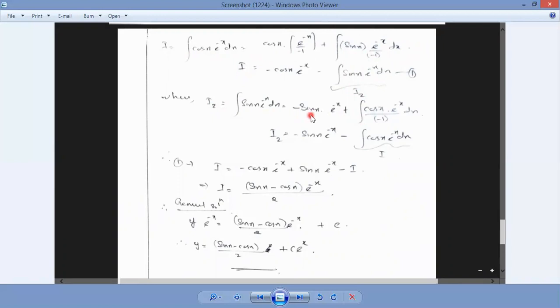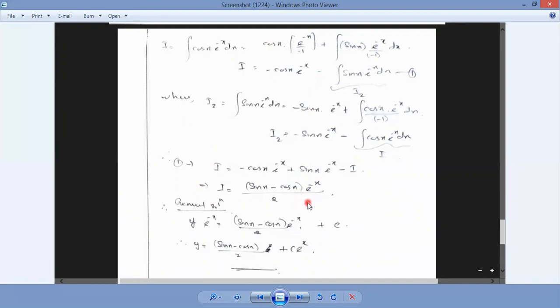Once you integrate it, you will get back the first integral, which is I again. You solve this equation, you will get 2I equal to sin x minus cos x into e to the power minus x, and from that you get the value of I, which is (sin x minus cos x) by 2 times e to the power minus x.